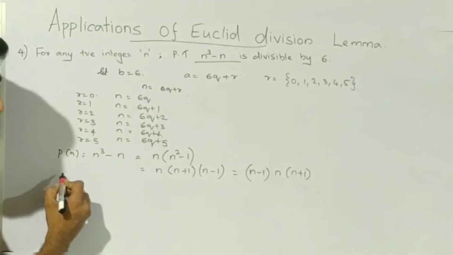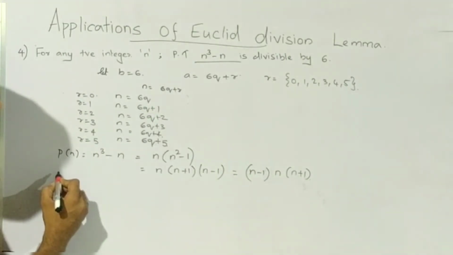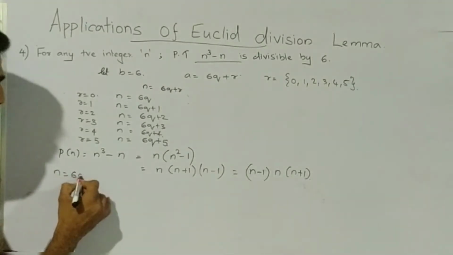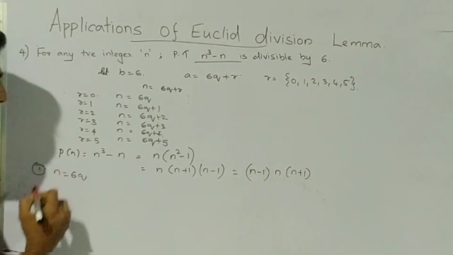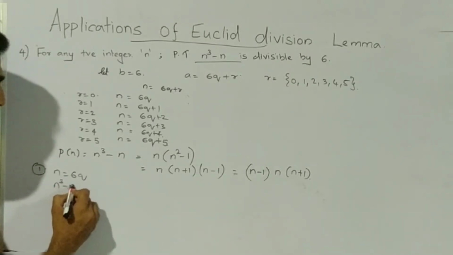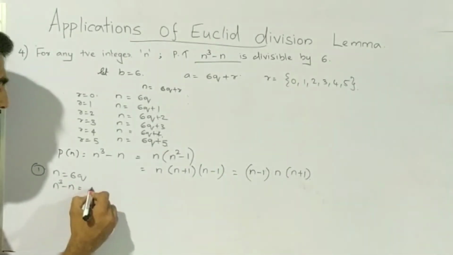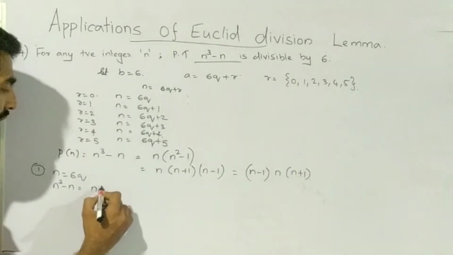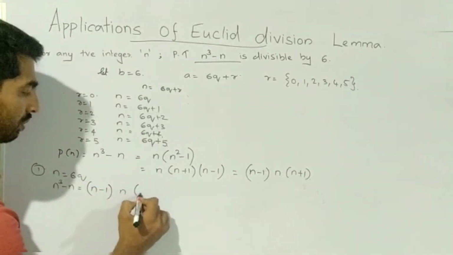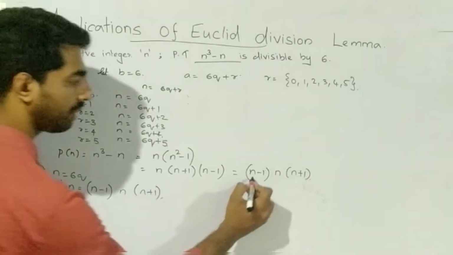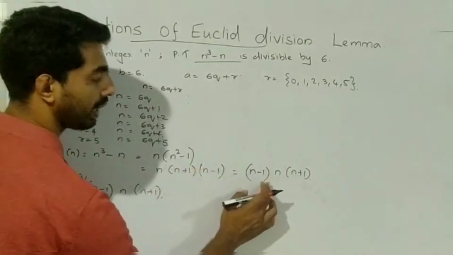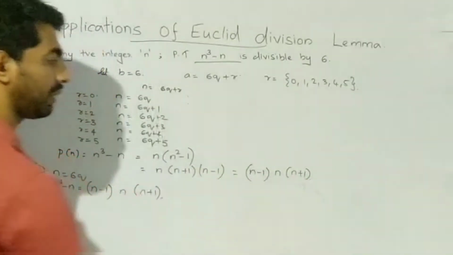So, what is the first case? n is equal to 6q. So what will be your n cube minus n? As already discussed, n cube minus n can be written as n minus 1 into n into n plus 1.